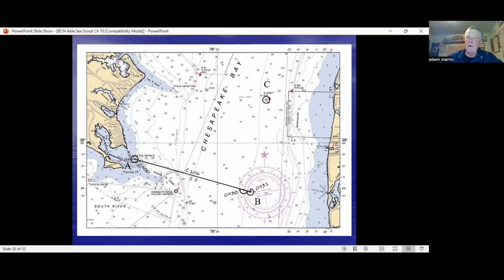We change course to get to C. And that course now is 010 degrees true. The speed is 5 knots. The distance is 2 nautical miles.